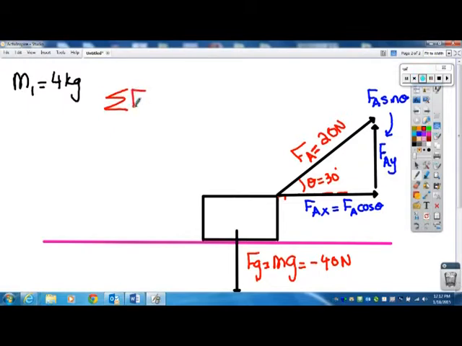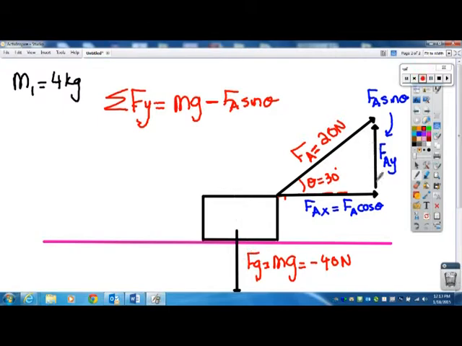The net force on the y-axis with which this box presses against the surface is the force of gravity, which is pushing down, minus FAY, which is pulling up. So mg minus FA sine theta. This is the actual force with which the box presses against the surface.